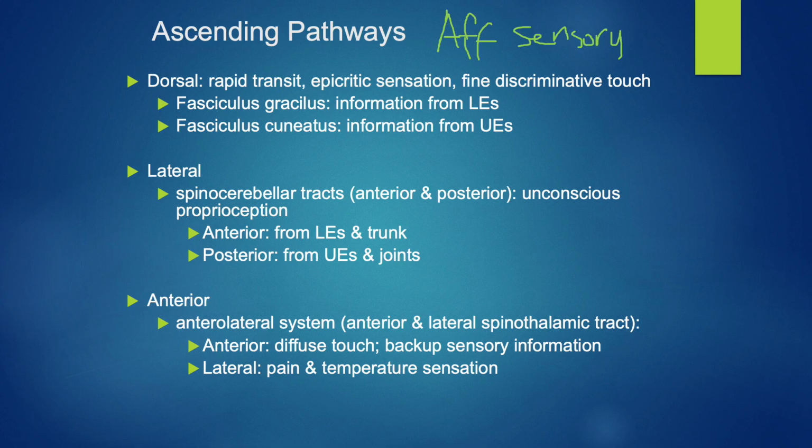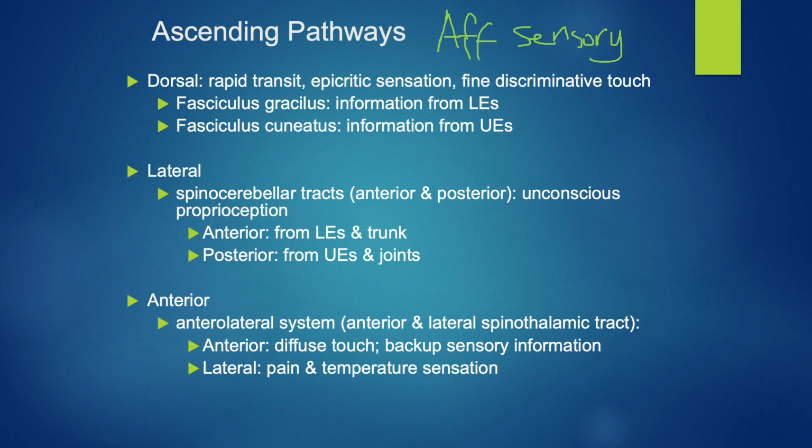All right, so the dorsal pathway in the back of the spinal cord, that's your fasciculus gracilis and fasciculus cuneatus. So that's our fine touch discrimination, and again, very fast transit. And the fasciculus gracilis brings information from your lower extremities. You can think about walking gracefully.